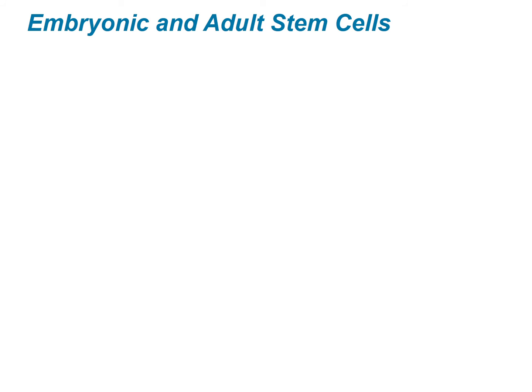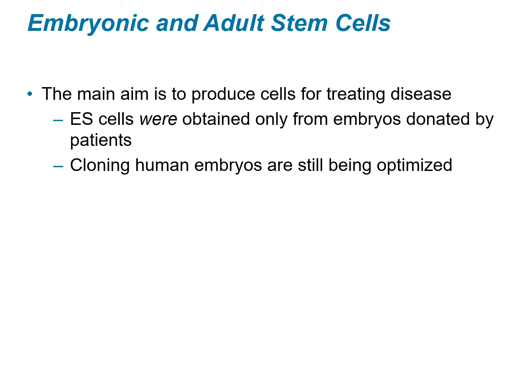Now, a little bit more about embryonic stem cells. The main aim of cloning embryonic stem cells is to produce cells in order to treat disease, right? So this is really the good way of using embryonic stem cells rather than trying to clone whole humans. However, there are techniques that are currently being optimized to clone human embryos.